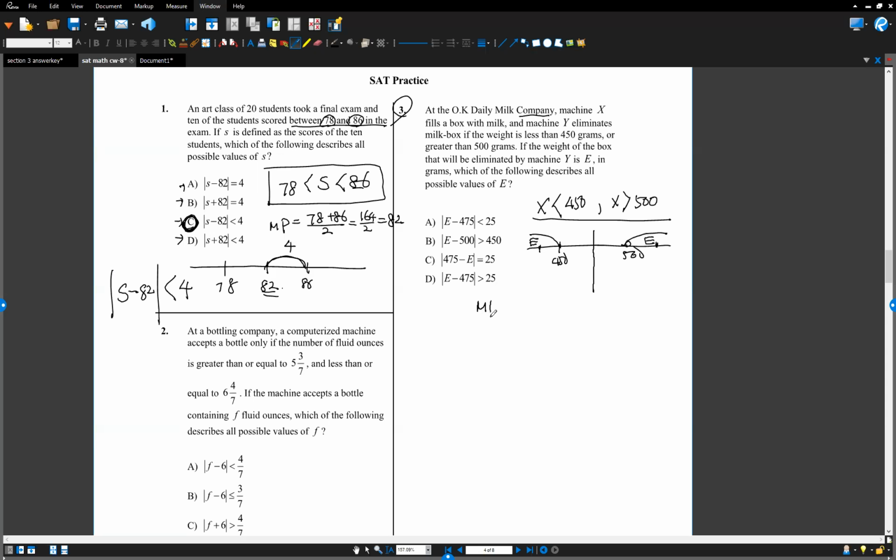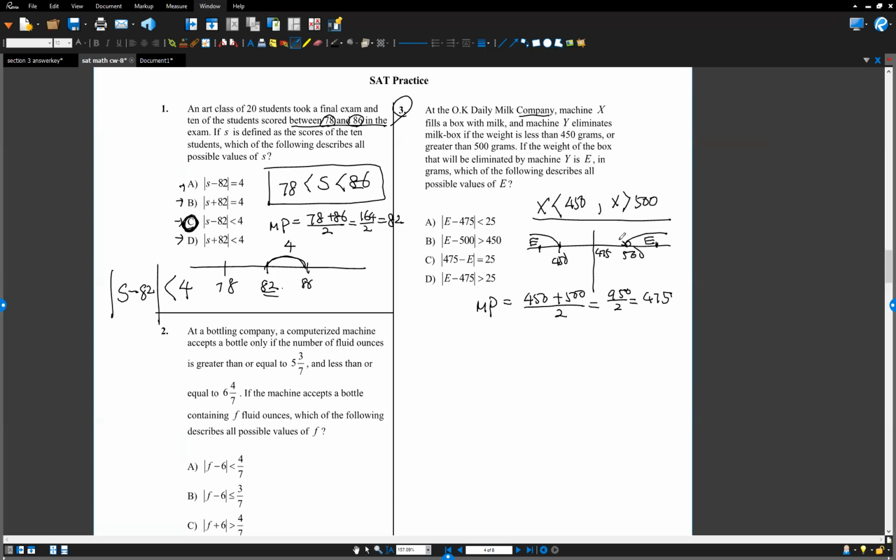Now let's find the midpoint. 450 plus 500 over 2, right? That's 950. 950 over 2 is 475. That's the midpoint.